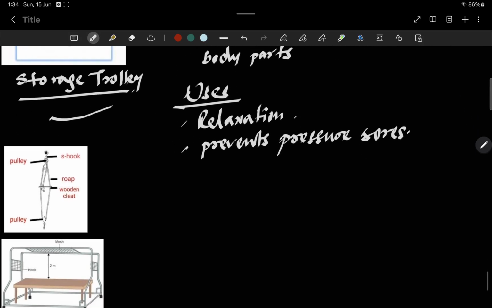Pressure sores occur during the long duration of lying of a patient. When the patient lies, there are some pressure points in our body, such as occipital protuberance, the sacral region, and the heel region. In these pressure points there occurs a pressure sore. So this particle suspension prevents the pressure sores.